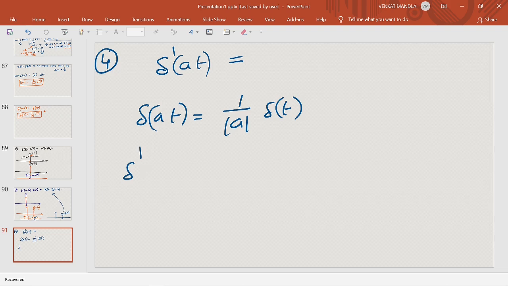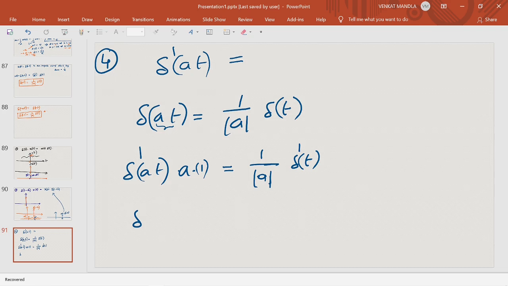So del dash of at, this is argument at, so we have to differentiate argument also because it is not t. So a into del dash of at equal to 1 by mod a del dash of t.